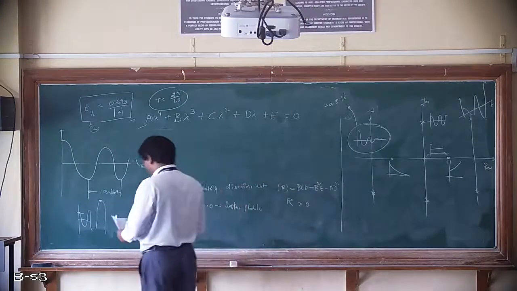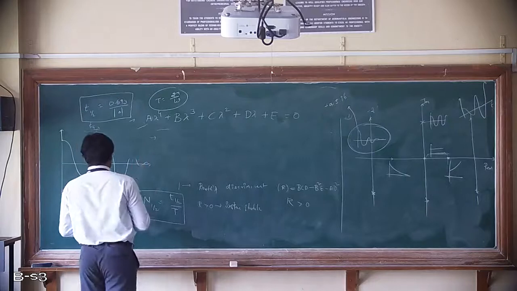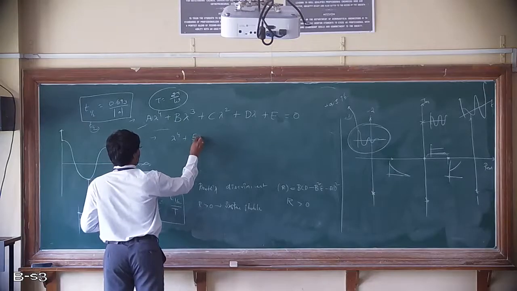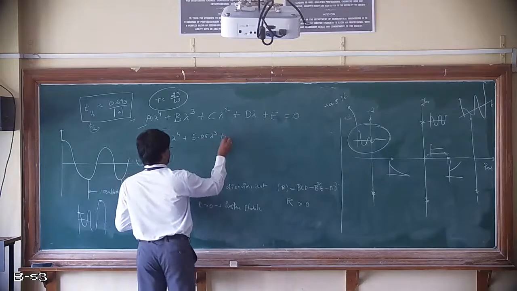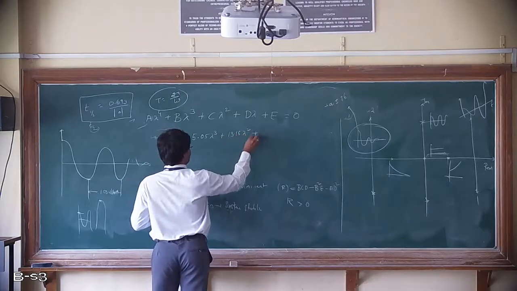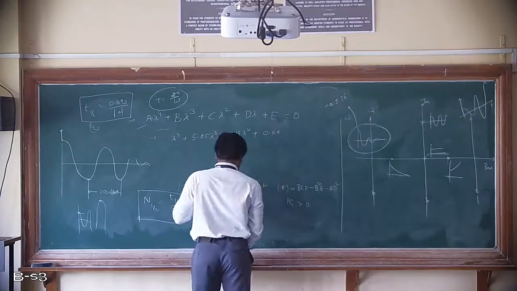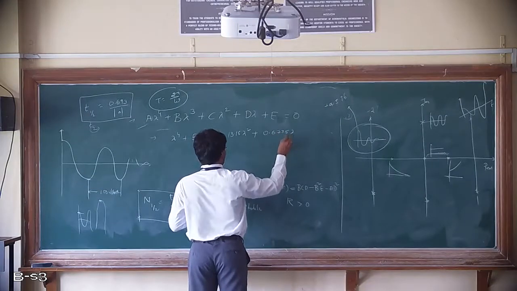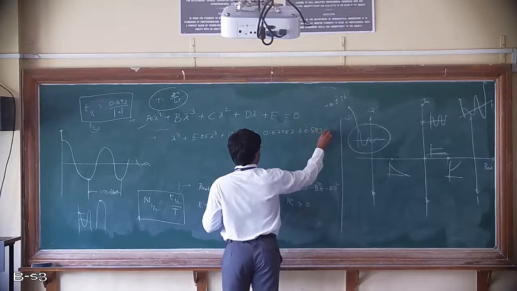I am giving the characteristic equation: lambda power 4 plus 5.05 lambda cube plus 13.16 lambda square plus 0.6735 lambda plus 0.593 is equal to 0.